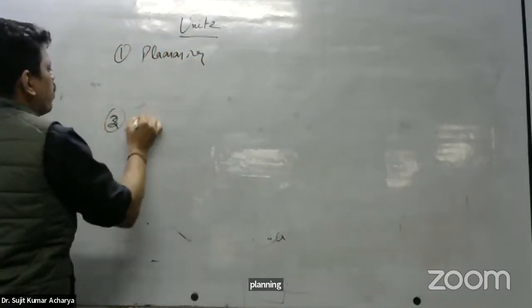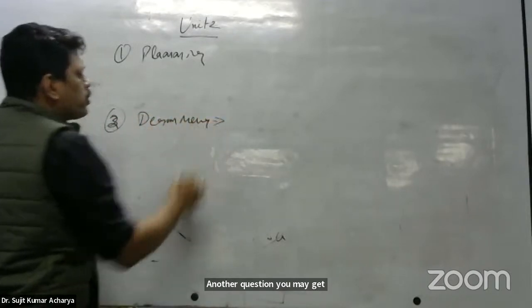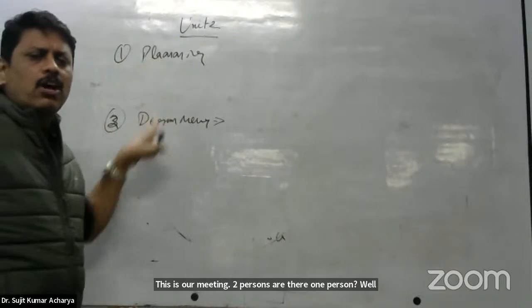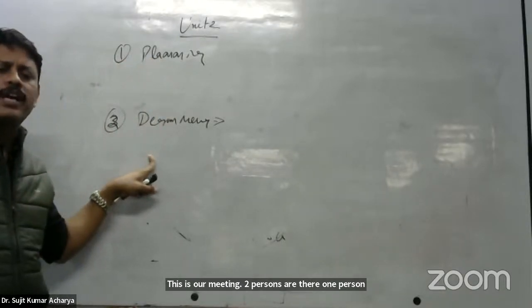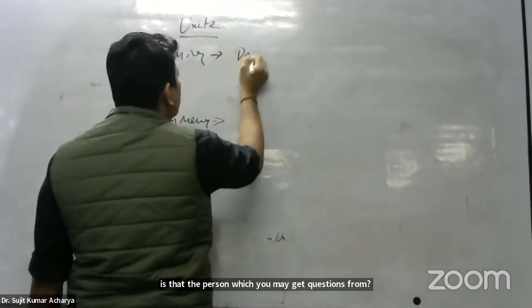Another question you may get from decision making. Two persons are there. One person where you may get questions from planning. The other one is the person from which you may get questions from decision making. Now, what questions will you get? The definition of planning.